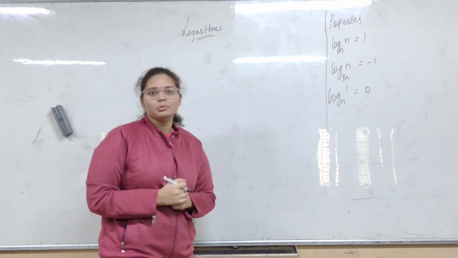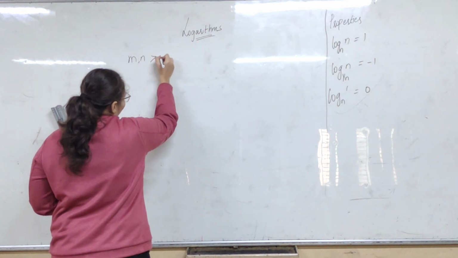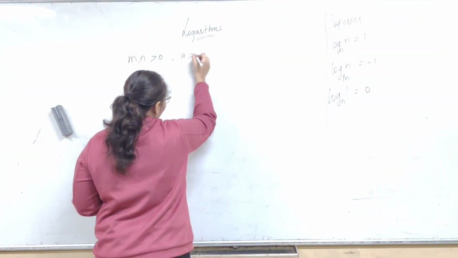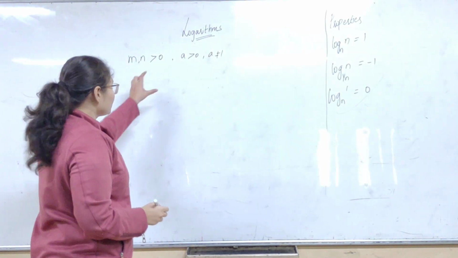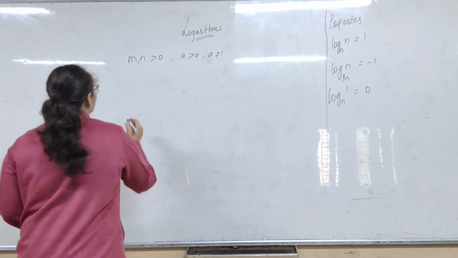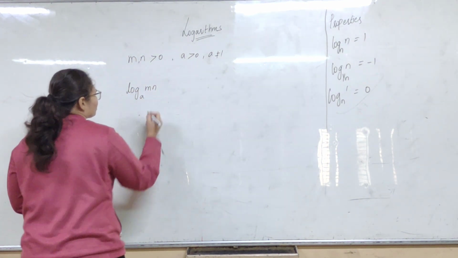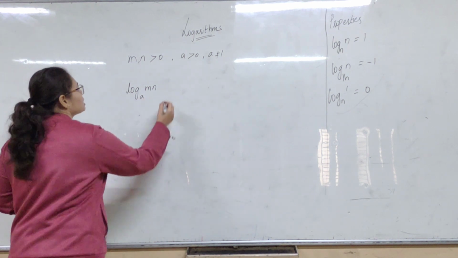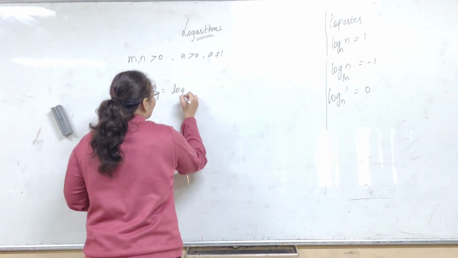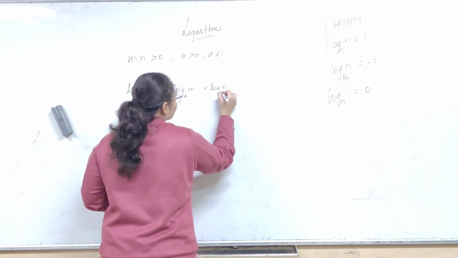So let's go to further properties. Let's take m, n greater than 0, and a is also greater than 0, and a not equal to 1. Let's write some properties. Log mn to the base a, the product of two numbers to the base a, is equal to log m to the base a plus log n to the base a.